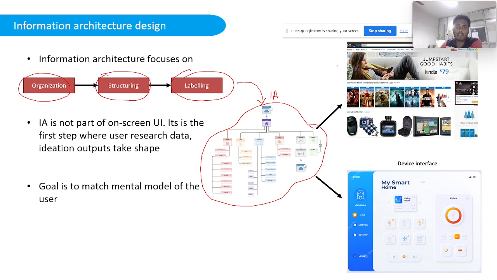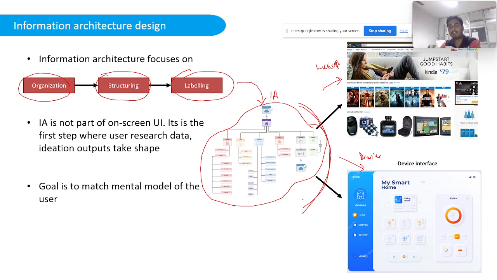Secondly, whether we are designing a website like Amazon, or an interface for a device, the information architecture will look the same. Okay, so it will be the same.